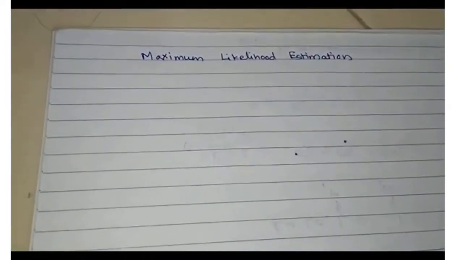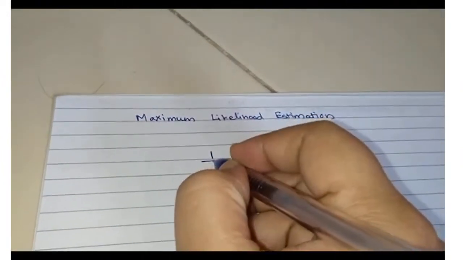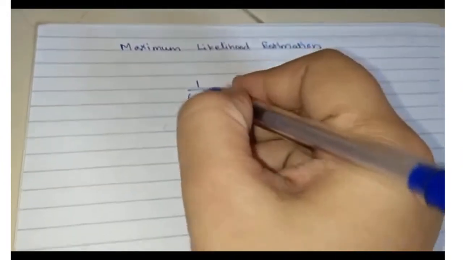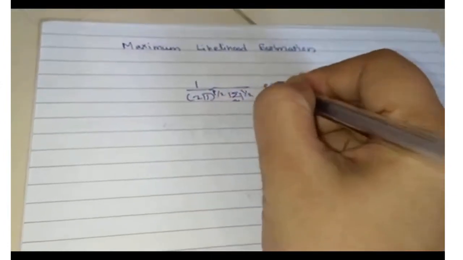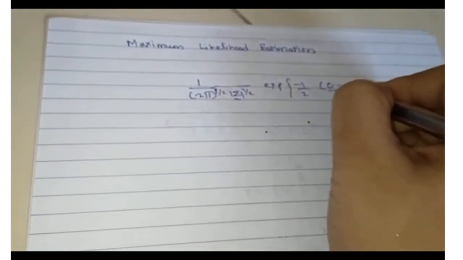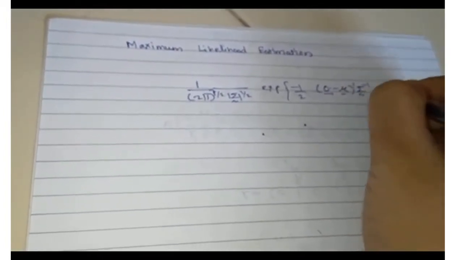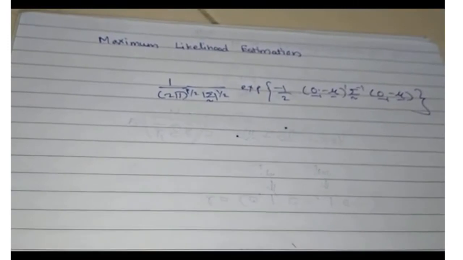We know from the PDF of the multivariate normal that for a single observation, the PDF can be written as 1 upon (2 pi) raised to p by 2, determinant of sigma raised to half, e raised to minus half, (oi minus mu) prime sigma inverse (oi minus mu). This is the PDF for a single observation, the ith observation.